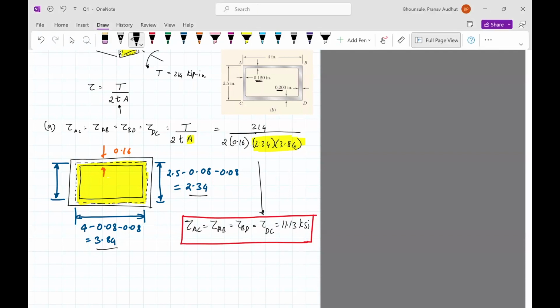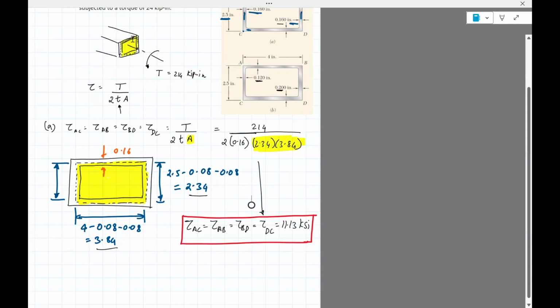We note that the only difference between the top and left and bottom and right is that the thickness is different. So 0.12 is the thickness for those two parts and 0.2 for the right and the bottom one, which means that since thickness shows up, those will have different stresses. So we expect that tau AB equals tau AC.